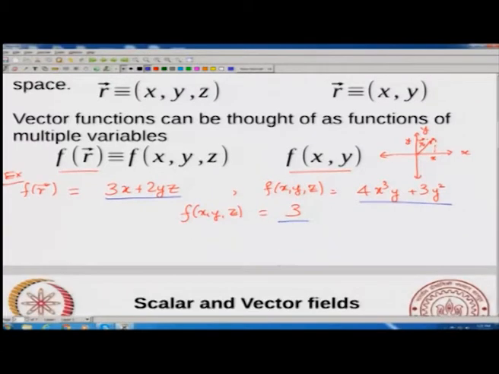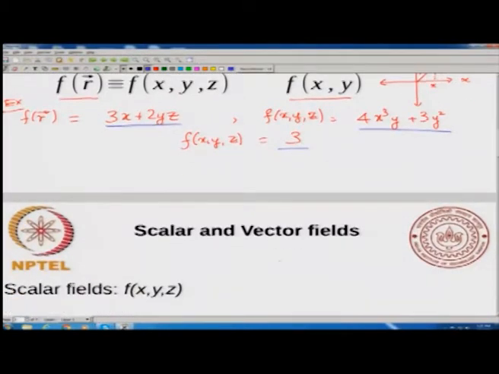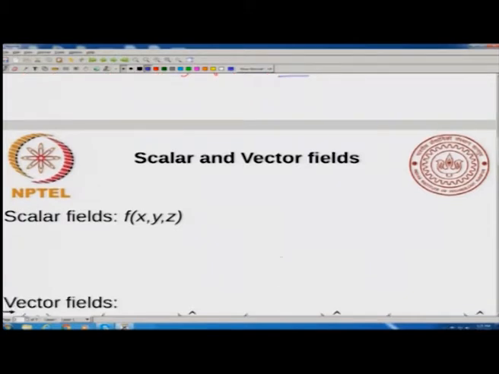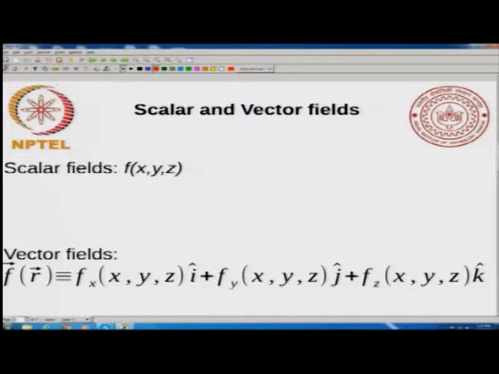Now there are 2 kinds of functions. These functions of multiple variables, you can think of them as functions of vectors. They are also referred to as fields. And there are 2 kinds of fields. One is called a scalar field, and the other is called a vector field. In a scalar field, the function that you have is basically a scalar.